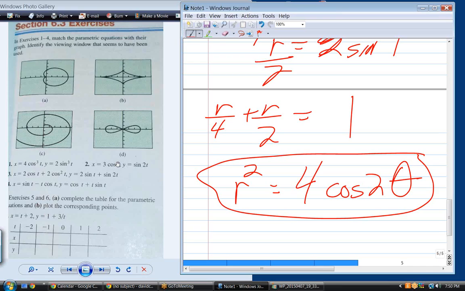In fact, the lemniscate curves are r squared equals 4 sine of 2 theta or cosine of 2 theta. So in looking at our possible answers here, let's look at this one here. Let's see if we can turn that into a lemniscate, because we've got a sine of 2 theta. So all we have to do is turn the left side into r squared.